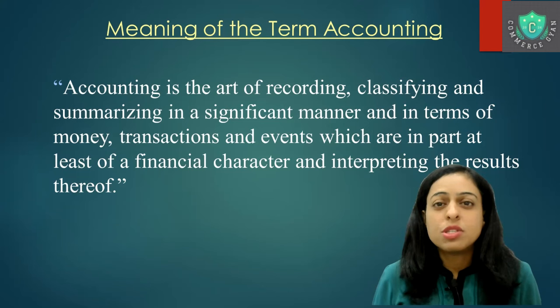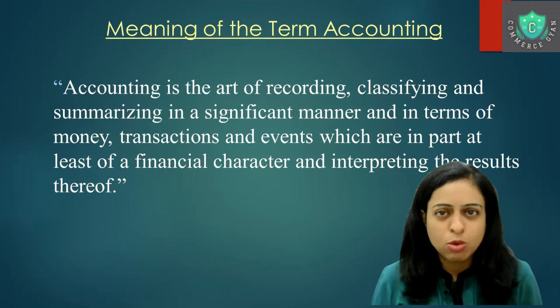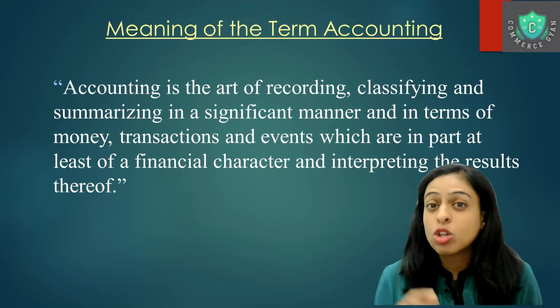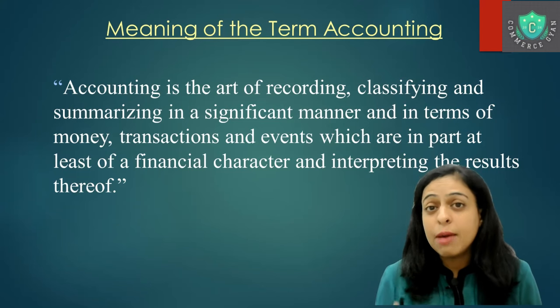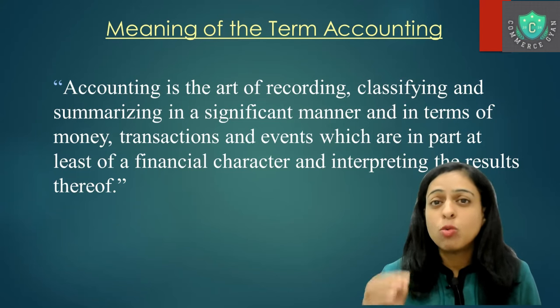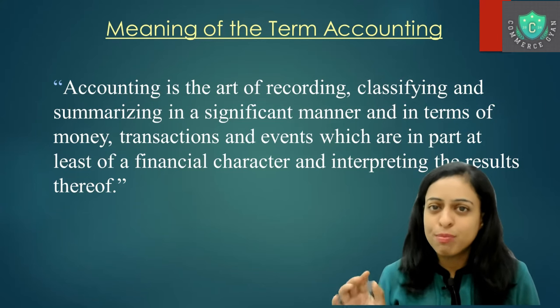That will have consequences in terms of money. So you don't record the slap in your books of accounts, but you will definitely record the loss which is caused to your vehicle, and the damage that you caused to somebody else, for which you had to compensate. So that is because it is convertible in terms of money.